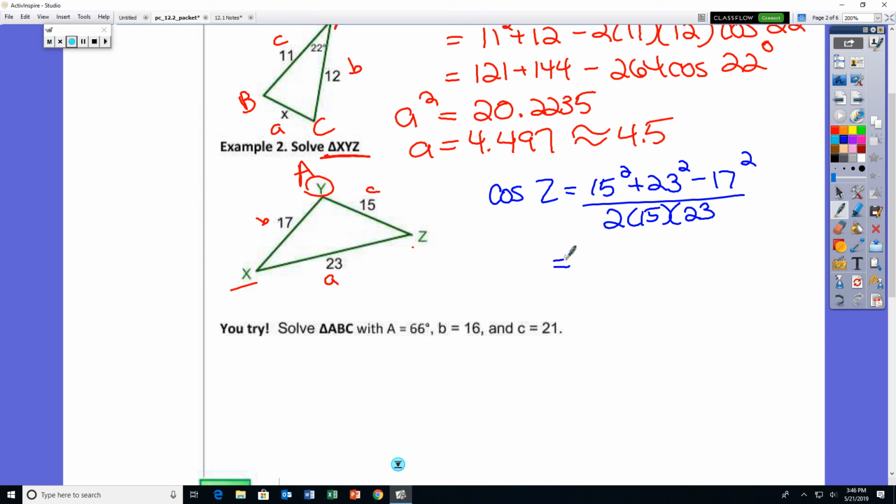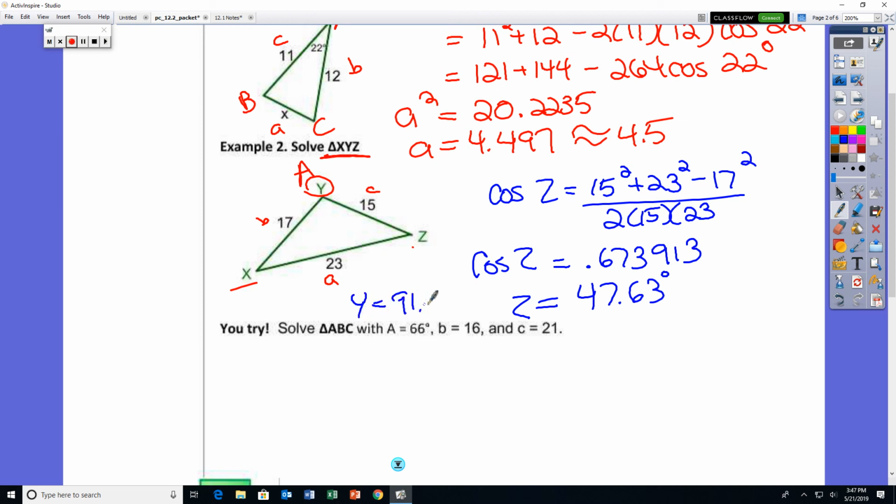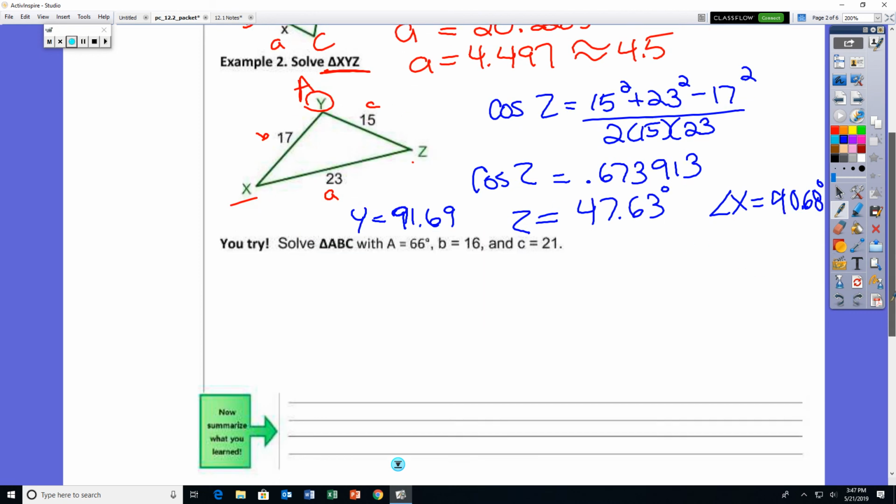And that's going to eventually give me the cosine of z equal to 0.673913. When I use my calculator to take the inverse of that, or cosine to the negative 1, we get 47.63 degrees for z. Now I know what z is. Y we found out earlier to be 91.69. So when I subtract each of those from 180, that'll get me my final angle x as 40.68 degrees.